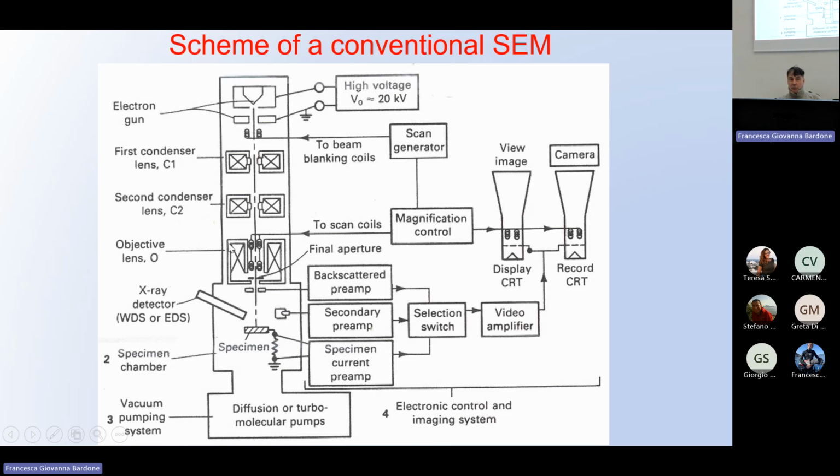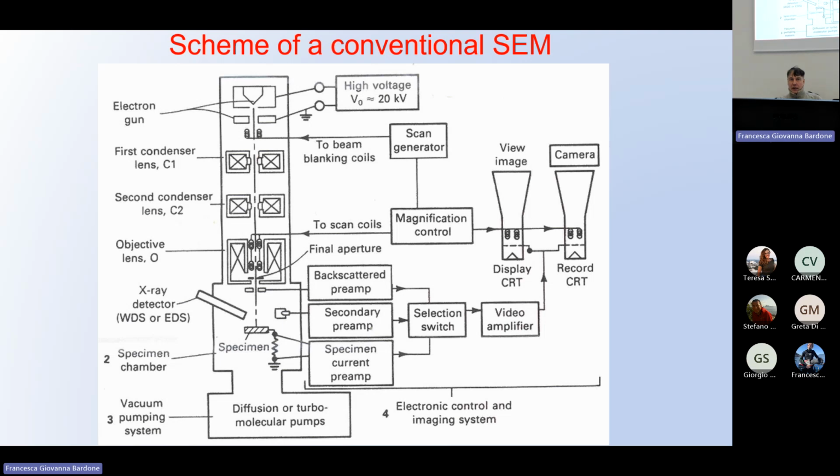This is called the column, and this is called the gun, which is sealed to the specimen chamber, which usually is much bigger to accommodate bigger samples. And then you have what is called the vacuum system. Everything is evacuated by this pumping system, both the specimen chamber and the column and the gun. Everything is sealed, and can only be opened when you put the sample inside, and then you need to close it and remake the vacuum inside the whole microscope.